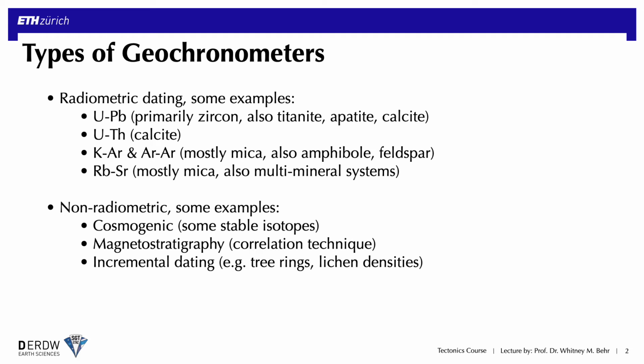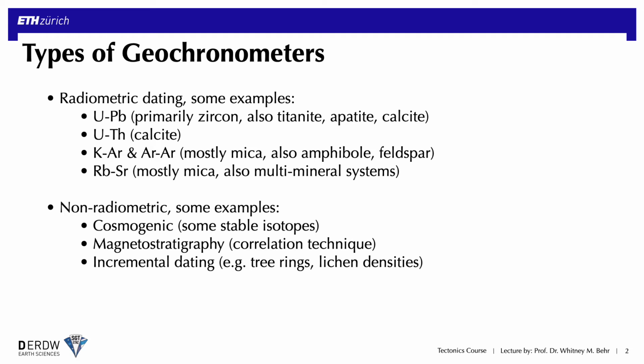Then the second category is non-radiometric techniques that do not involve radioactive elements. Some forms of cosmogenic dating, which is a near-surface exposure age technique that dates the timing over which materials have been bombarded by cosmic rays close to Earth's surface. Many of these techniques focus on stable isotopes that don't decay.